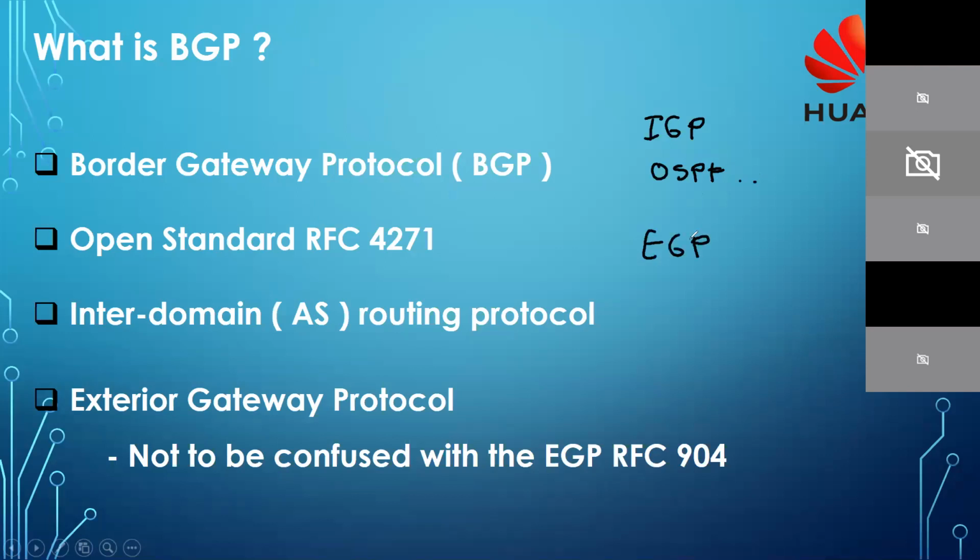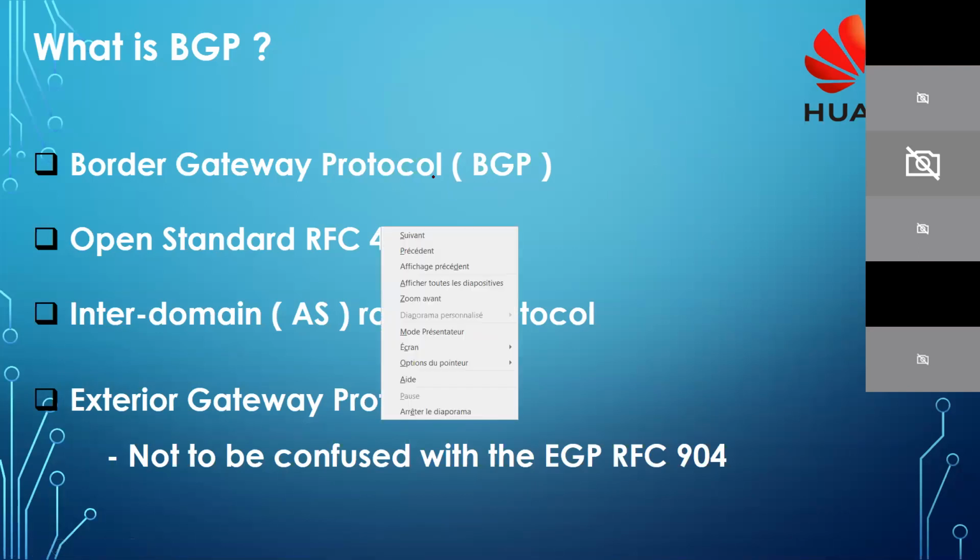IGP runs inside an autonomous system, and EGP runs between autonomous systems. In the EGP family, we find only one protocol, BGP. So you can say that BGP is the routing protocol of the internet. BGP has the responsibility of routing between autonomous systems on the internet.